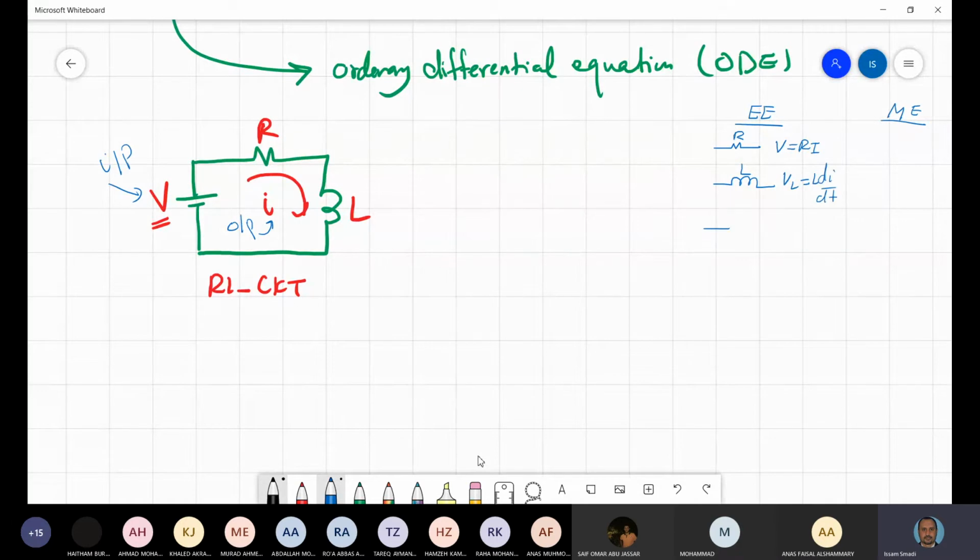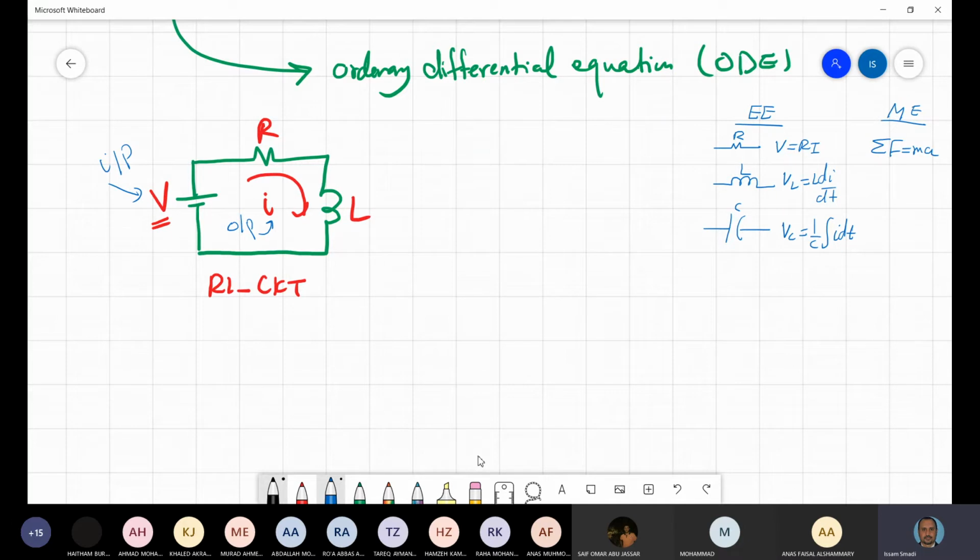And a capacitance C, where VC equals 1 over C times the integration of I dt, correct? And for the mechanical system, all the time we use Newton's second law, the summation of the forces equals the mass multiplied by the acceleration. Whatever the system, we can solve it using only those formulas.